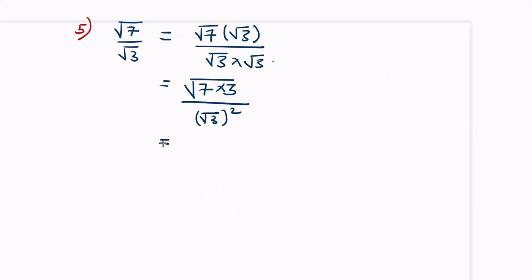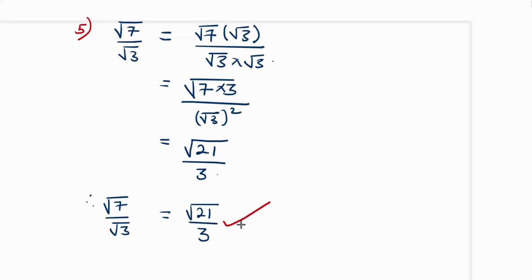This is the same as the square root of 7 multiplied by 3, which is 21, divided by root 3 squared, which is the same as 3. Therefore, our expression, square root 7 divided by square root 3, is the same as the square root of 21 divided by 3.